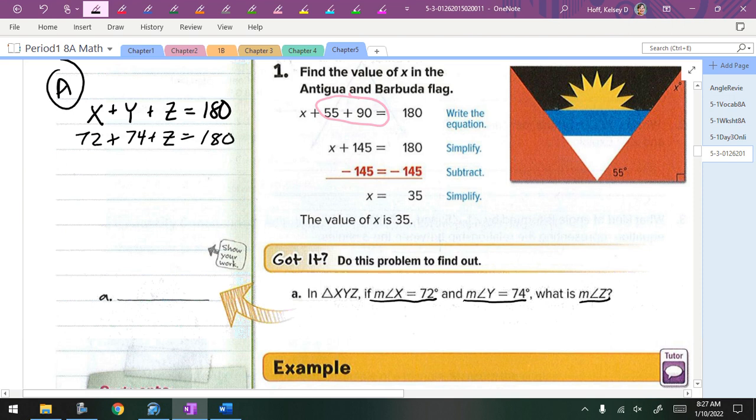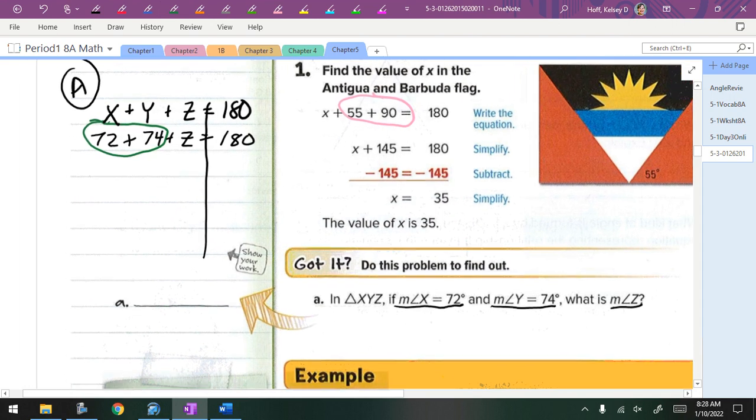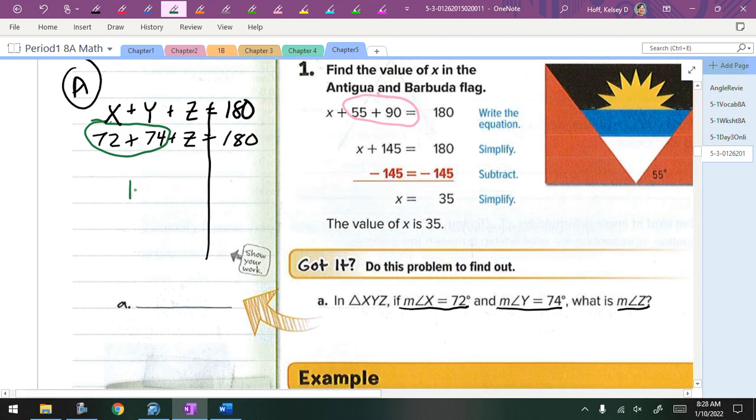Okay? Now, you have to show me by solving equations here. What is my next step? Very good. Combine our like terms. 72 plus 74, say it again, 146 plus Z equals 180. What's my next step, though?